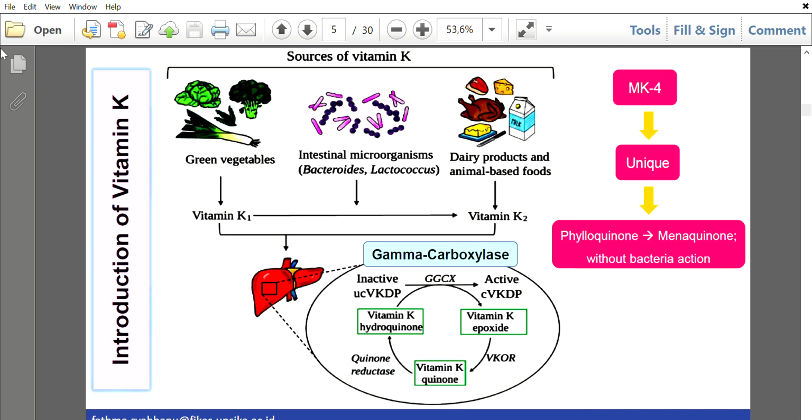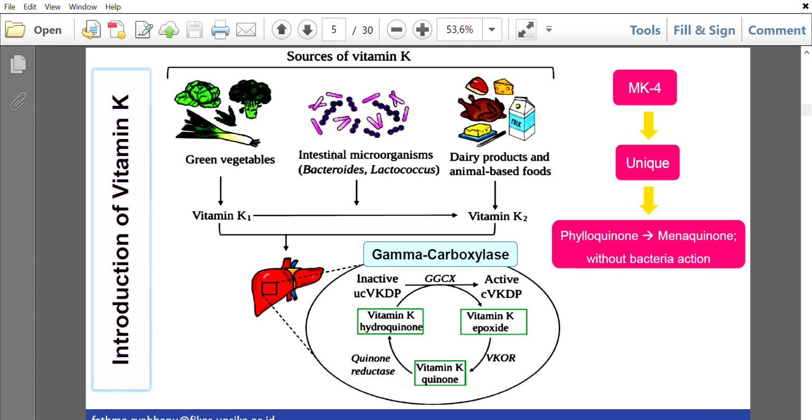Okay, this is the illustration. The green vegetables are rich in vitamin K1, and the products of fermented food and animal-based foods are rich in vitamin K2. Phylloquinone can transform to menaquinone or vitamin K2 because of intestinal microorganisms like Bacteroides and Lactococcus.